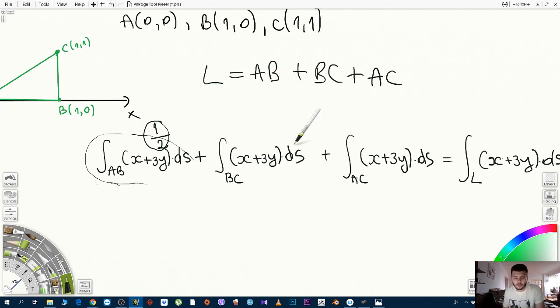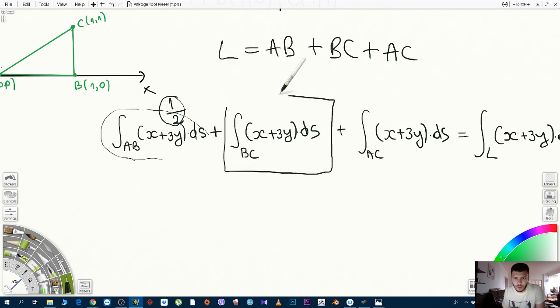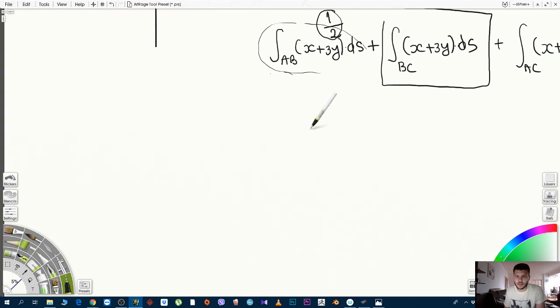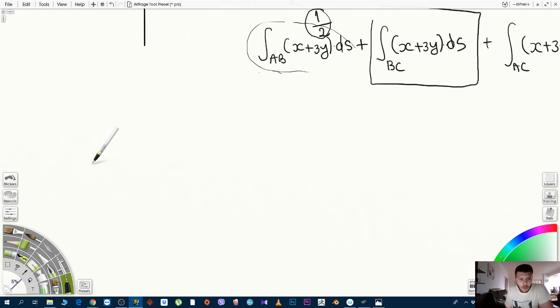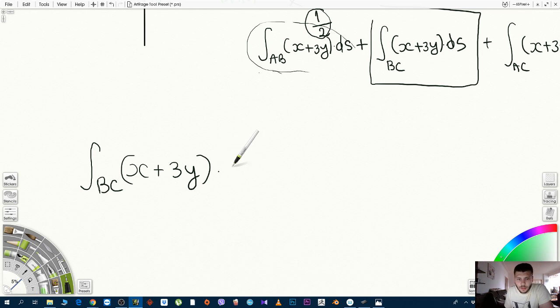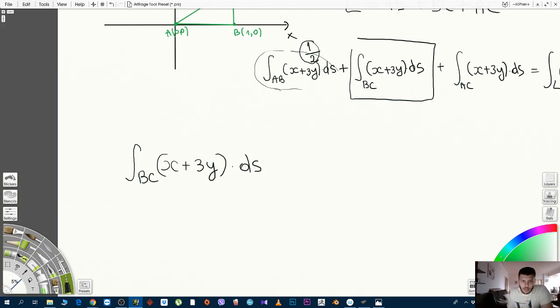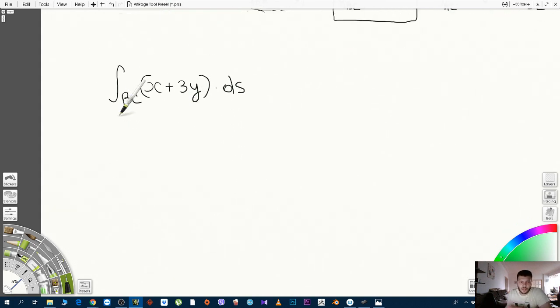So let's calculate first this integral over the straight line BC of scalar field x plus 3y times ds. Okay, let's parameterize our curve. That will be the first step.